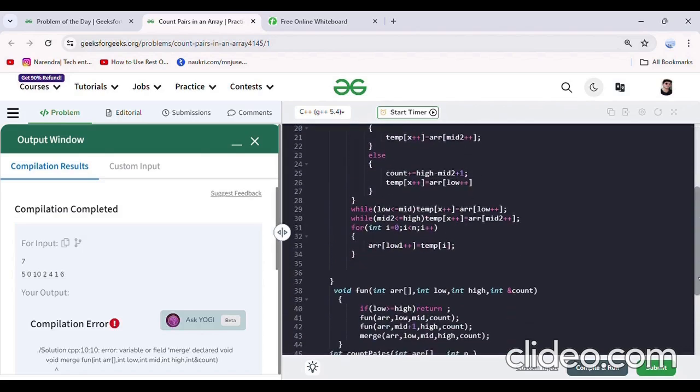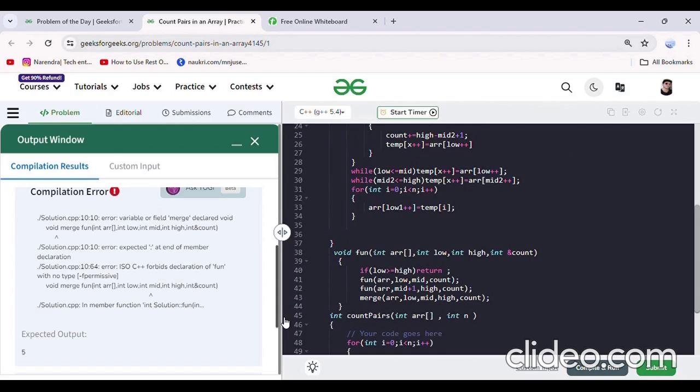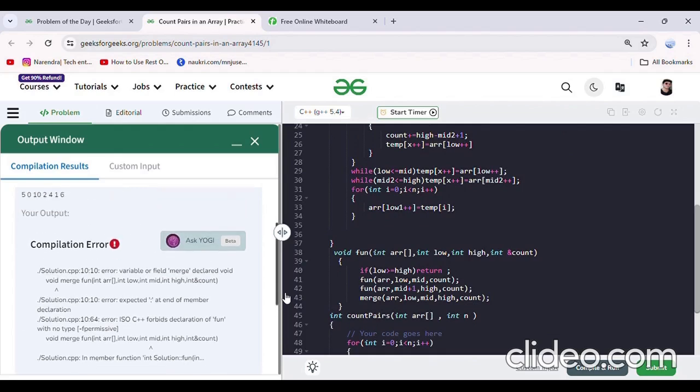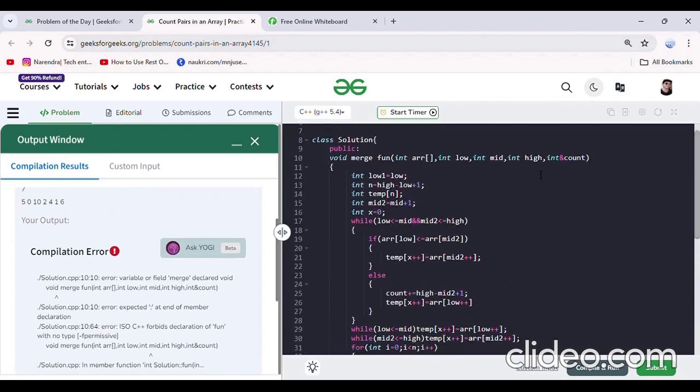Here we got the error because void merge, int high, int mid, int ARR. Sorry guys, it is a merge. This is a merge function.